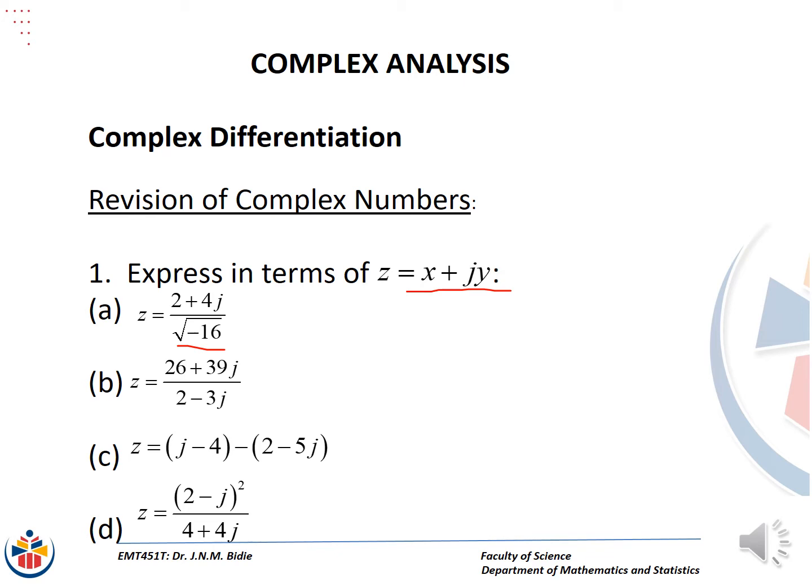Also, in B, in order for us to get rid of 2 plus 3j, we have to remember we multiply by the complex conjugate of the denominator. So that means we multiply by 2 minus 3j divided by 2 minus 3j.